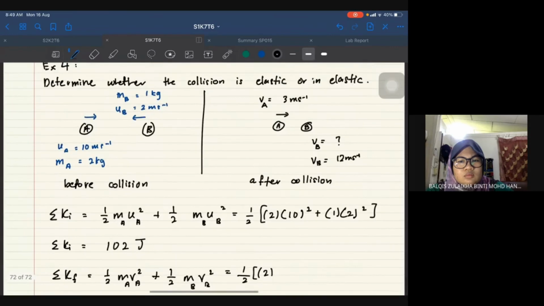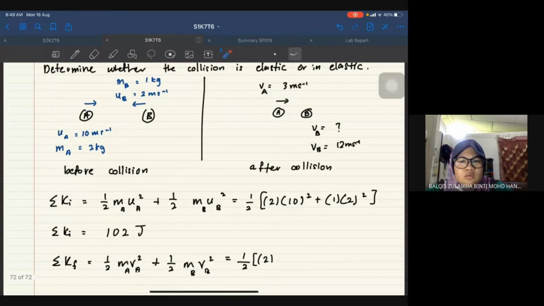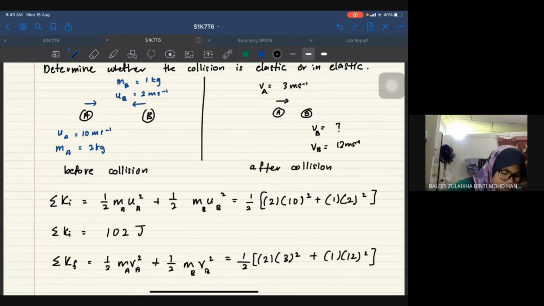So for after the collision, we have to choose the information from here lah. 3 and 12 over there. Okay, I just double check all the information whether it's correct or not. Macam okay.